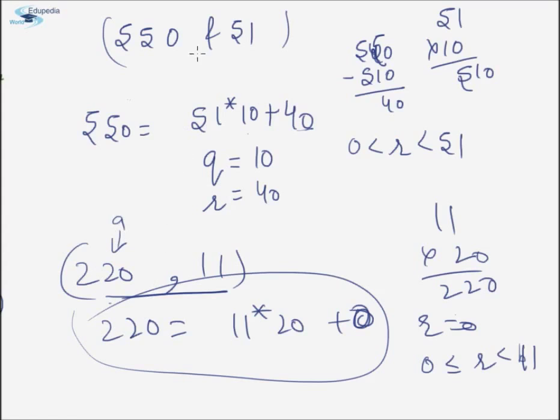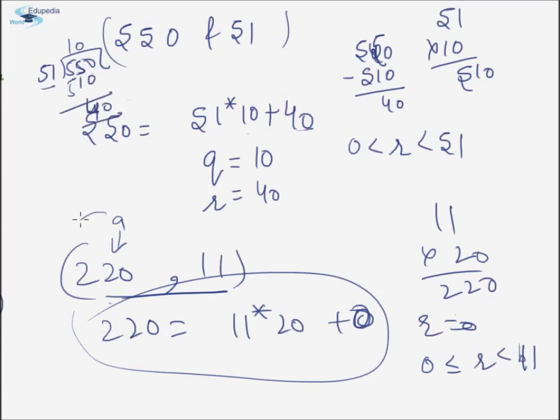Friends, in fact this Euclid's division lemma is the fundamental division process that we use in our daily life. That is, if we needed to divide 550 by 51, we will be looking for the closest multiple of 51 which is less than 550, which will be the 10th multiple, that is 510, and the remainder will be 40.